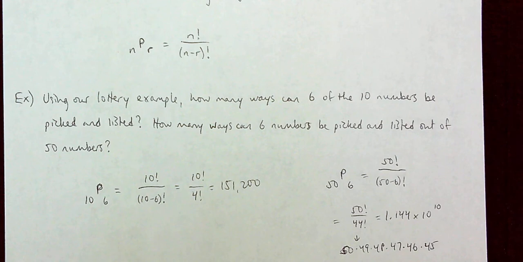And 6 numbers can be a good number of numbers that are chosen. But again, the order in which we put these things doesn't matter. So is this exactly perfect? Not necessarily, but it's closer to what an actual lottery looks like.